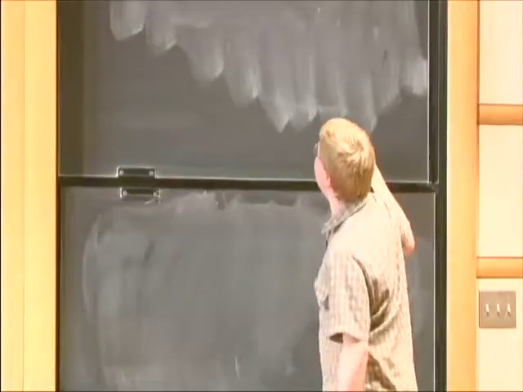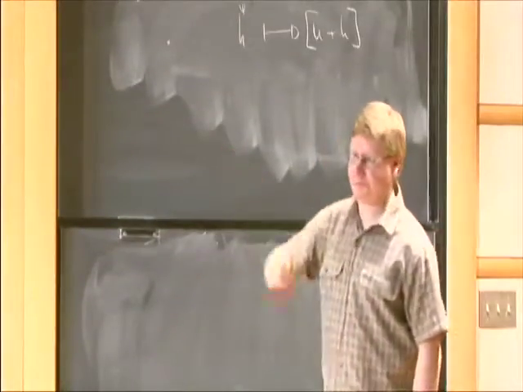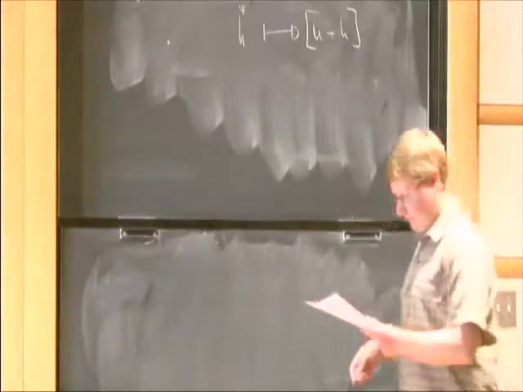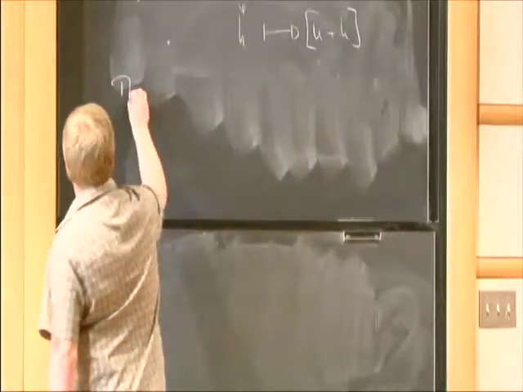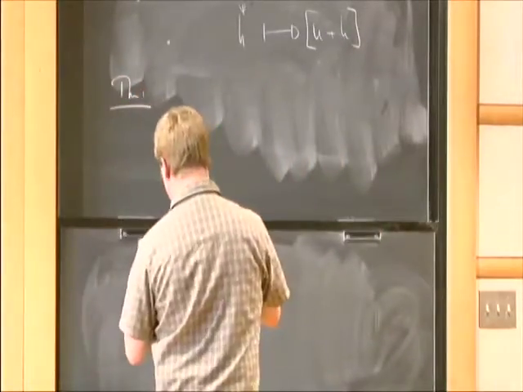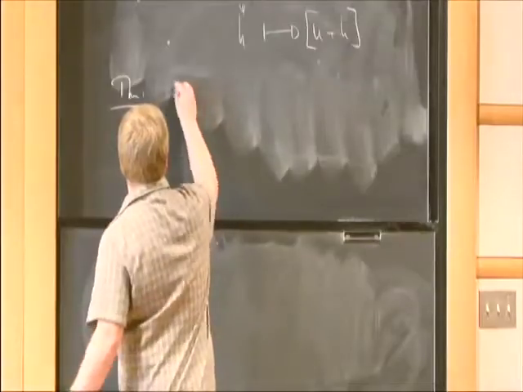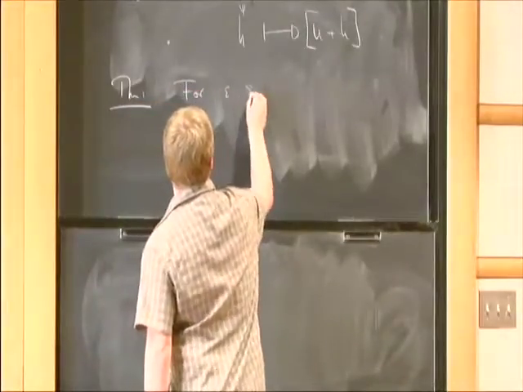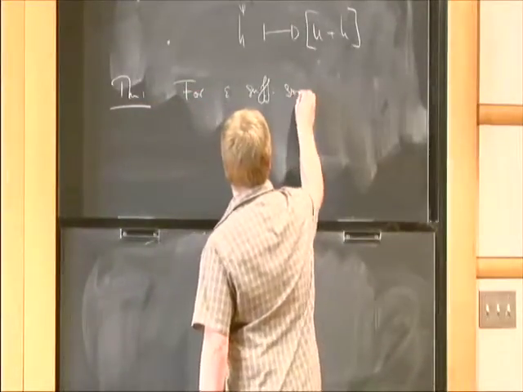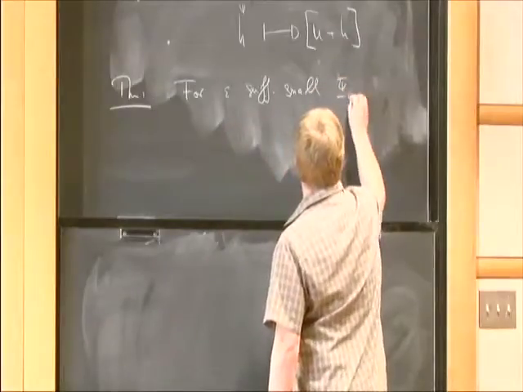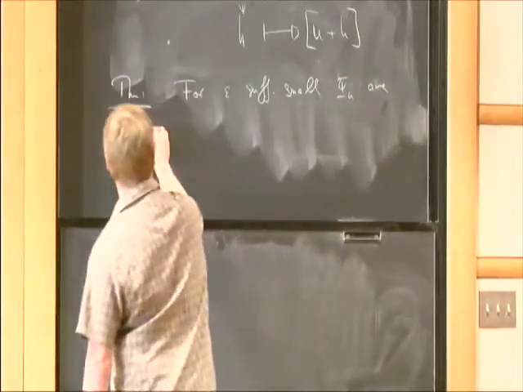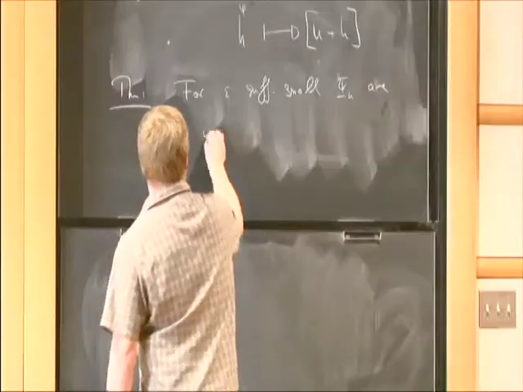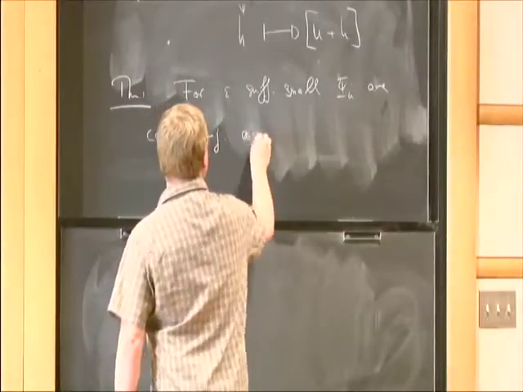That this is locally surjective is this proposition. The theorem is, indeed, they serve as local parameterization. So this theorem is for epsilon sufficiently small. These maps psi u are, first of all, continuous, injective, and open.